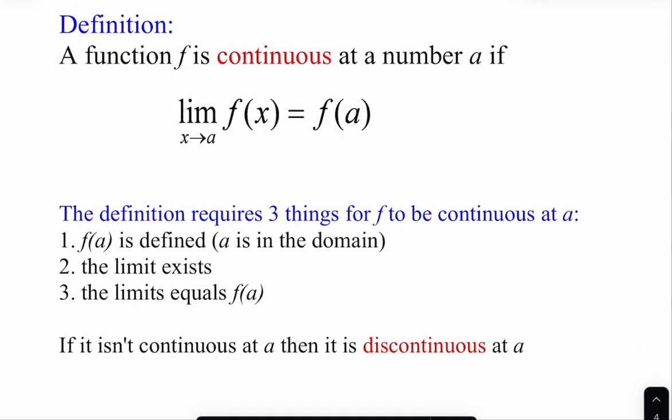So first, we have to look at our definition for continuous. A continuous function happens at A only if the limit, so we're coming in from both sides, is equal to the function's value that's filled in. So you're really saying that the limit equals the function value.